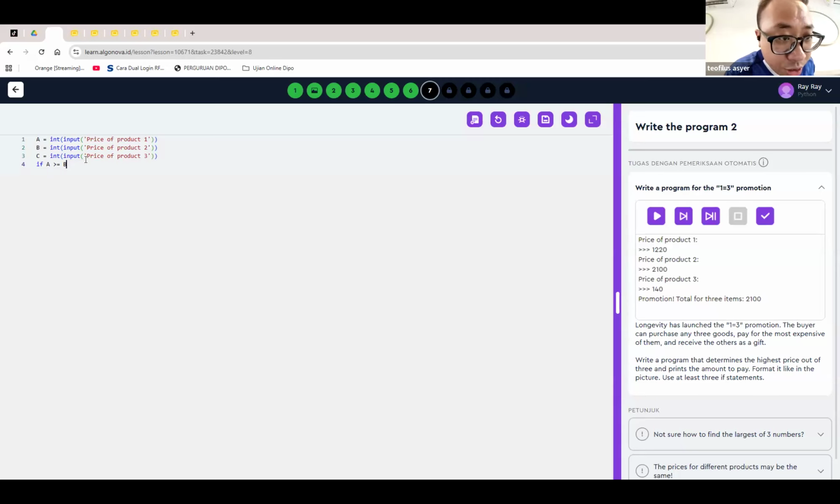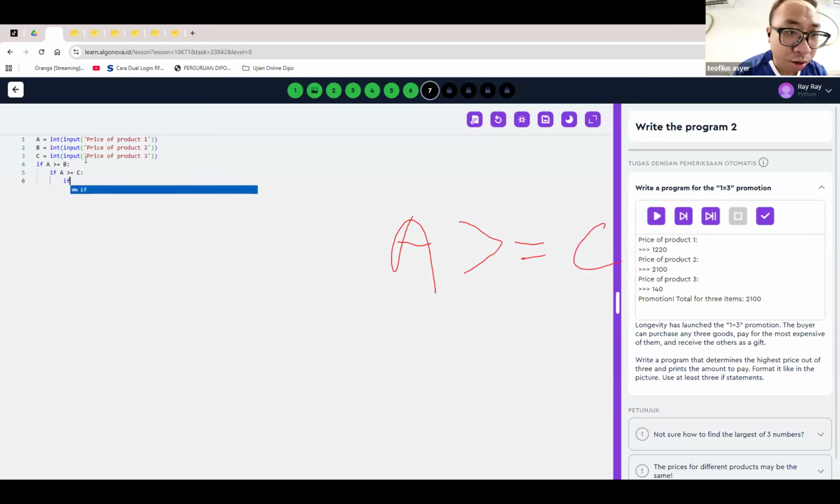Don't forget if you are using if, colon. Okay, and then enter. Now if again, if A bigger than C, right? Right now we're talking about A first. Bigger than C. Colon, and then you can enter. No, not if.